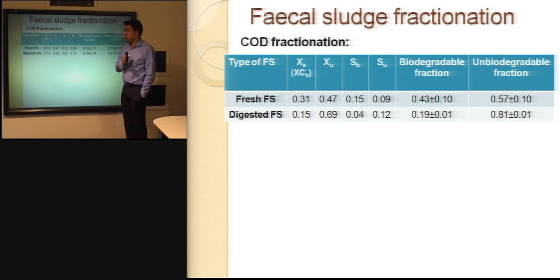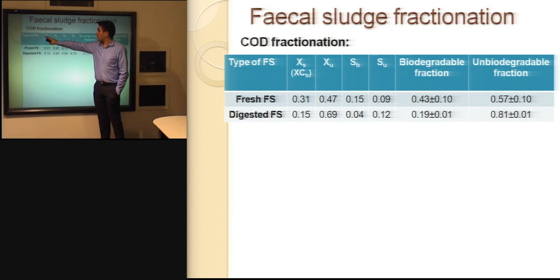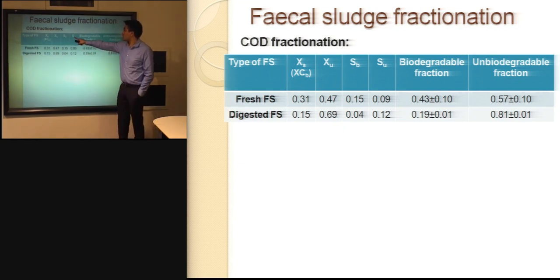Looking into more detail at the different fractions, but now considering whether they are particulate or suspended. That means fractions that are more complex, that are not dissolved, that need to undergo a certain hydrolysis and fermentation, and parts that are soluble, that are smaller particles.